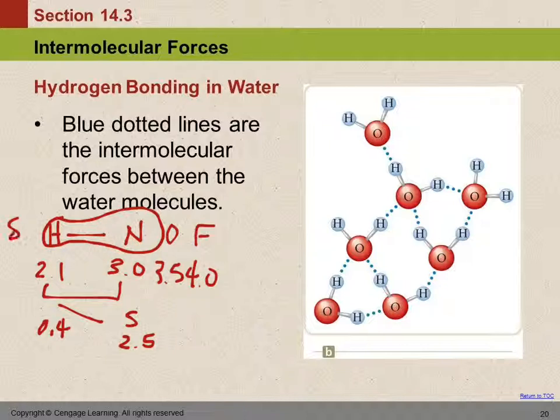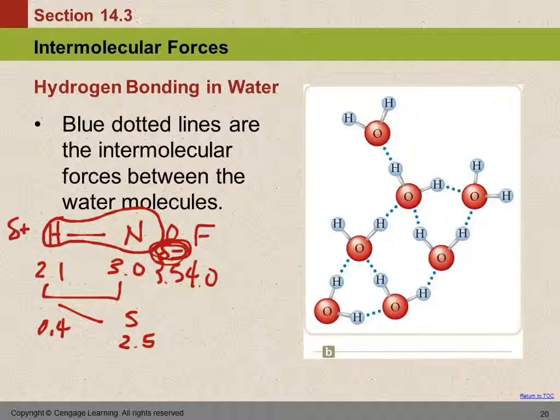So we have this partial positive charge here, and a partial negative charge over here. The partial charge is larger when the difference in electronegativity is larger. It also plays into it, I believe, that hydrogen is such a small atom.